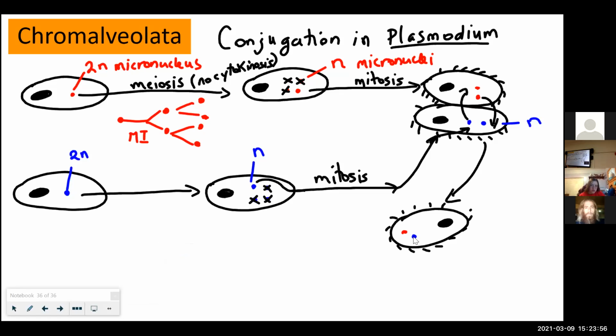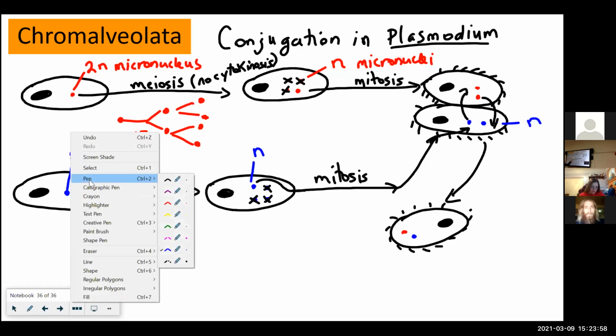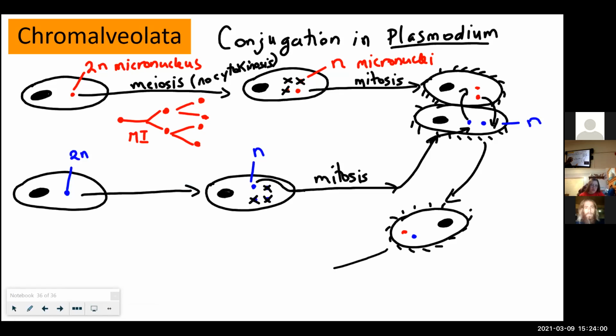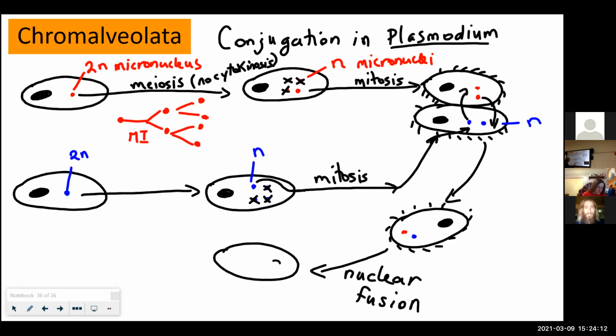And then what do you think happens? Nuclear fusion. It's not just for physics. So you still have your macronucleus, but these guys fuse together, right? This is haploid, this is haploid.